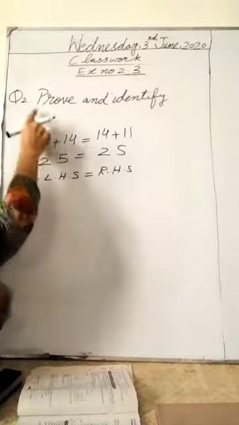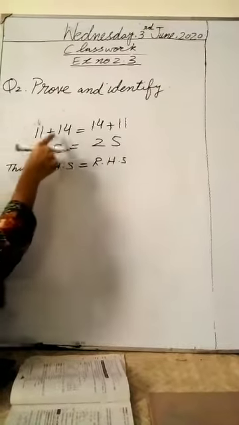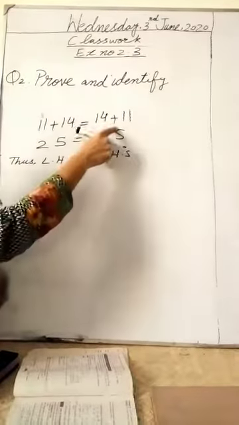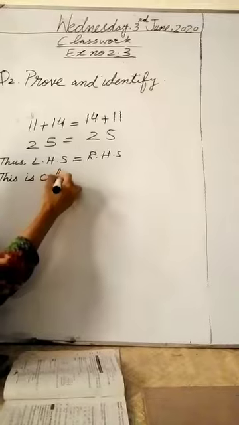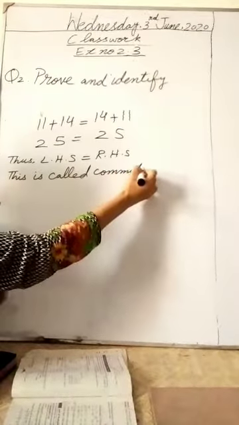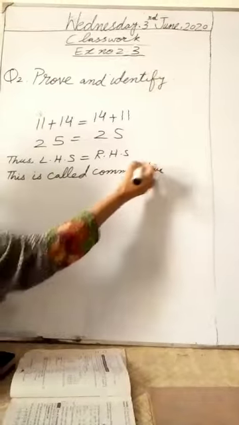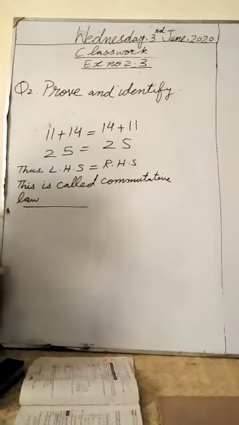It's proved, first part. How to identify? When we have two values with the same sign, this is called commutative law. Commutative law. Draw the ending line.